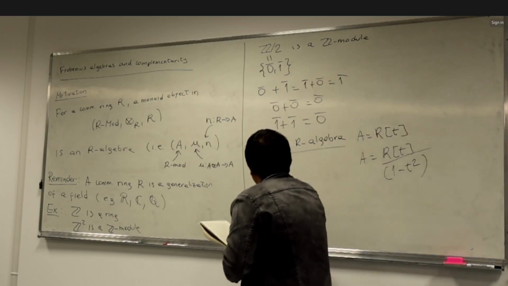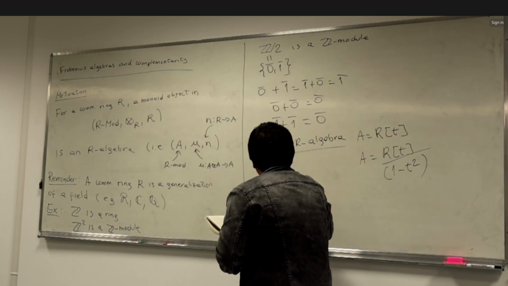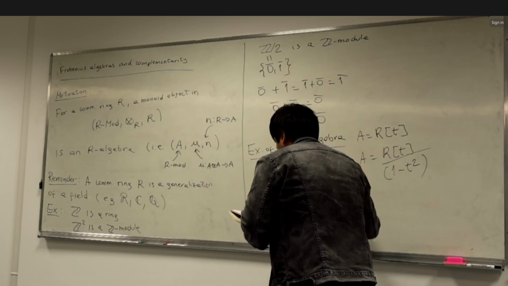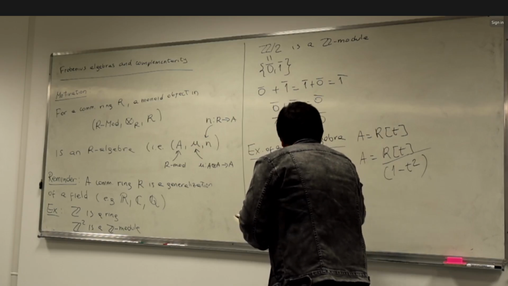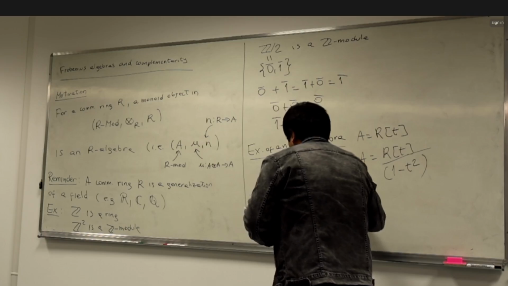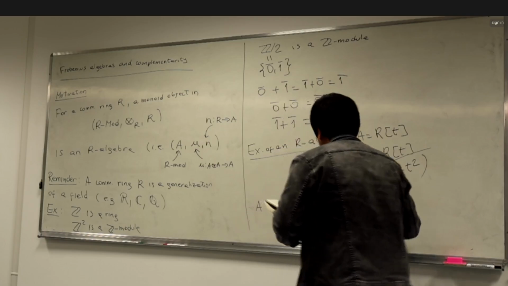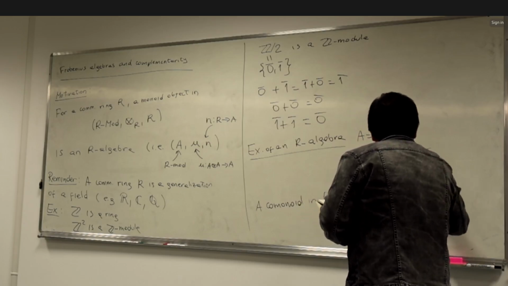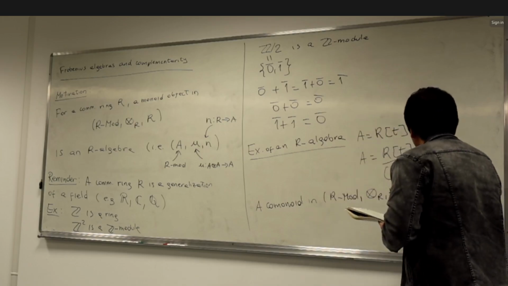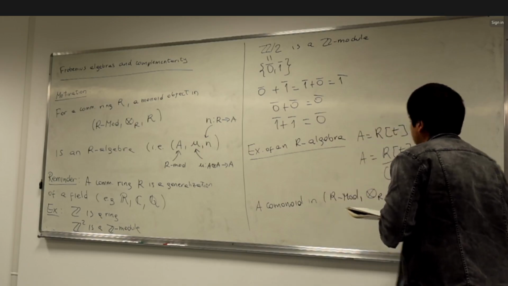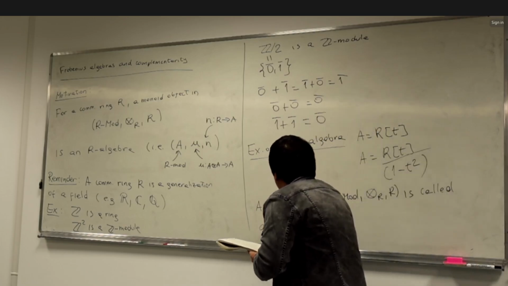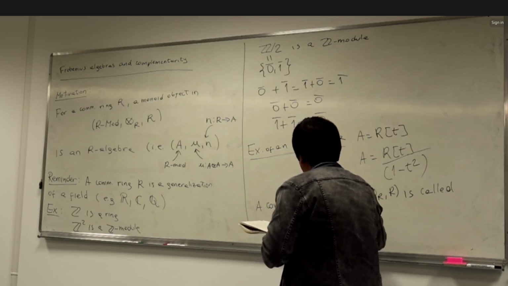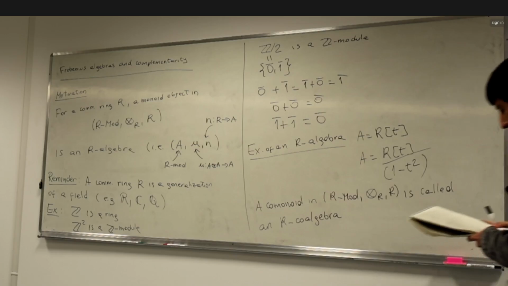Now, a comonoid object in the same symmetric monoidal category is called an R coalgebra.